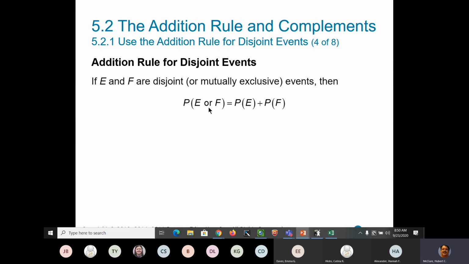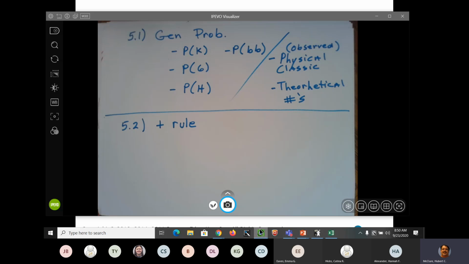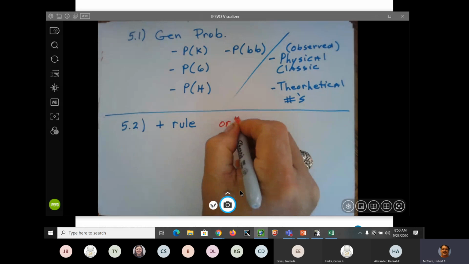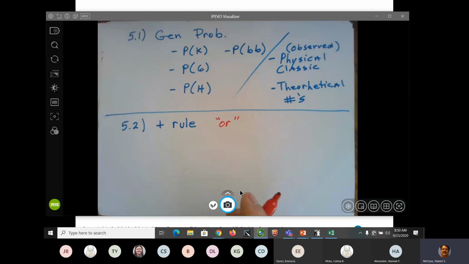I'm going to put this in pink or red, and if I put it in pink or red, you need to highlight it. The word "or." When you see the word "or" in your question, you're using the additive rule. What is the probability of 6 or 8? You're going to use the additive rule.